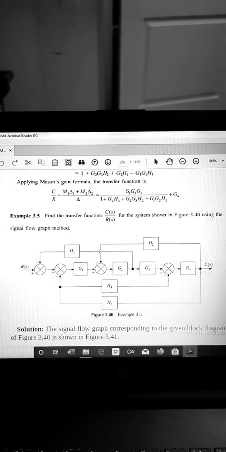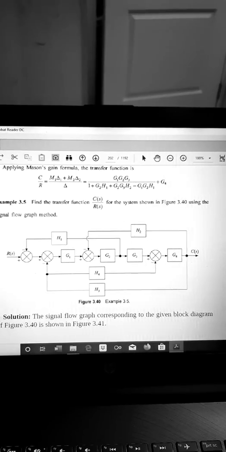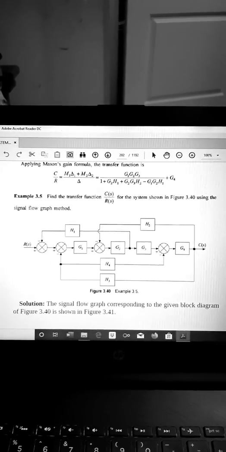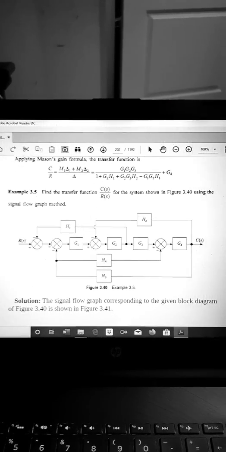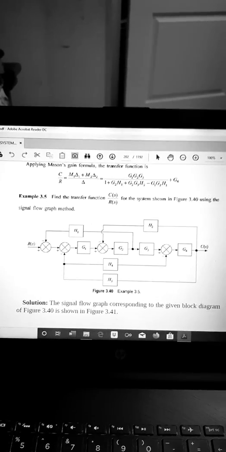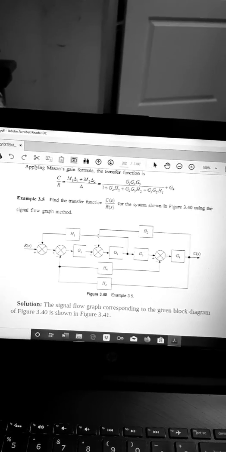Now, next problem, find the transfer function. So today you have to do second problem, third problem.